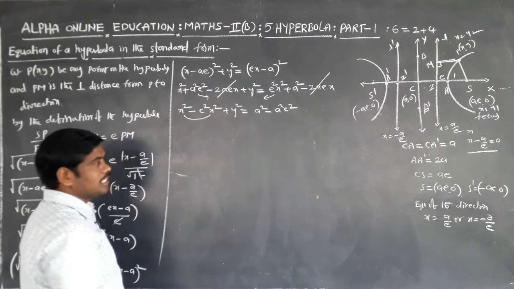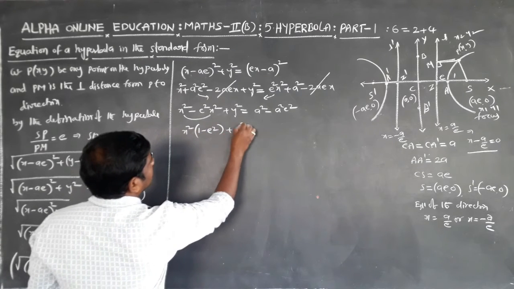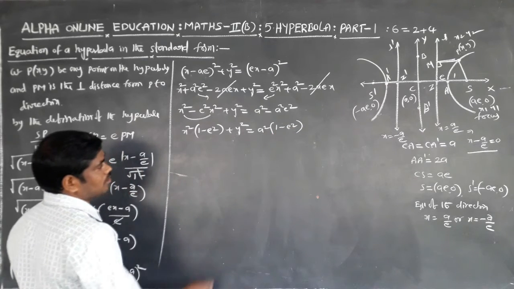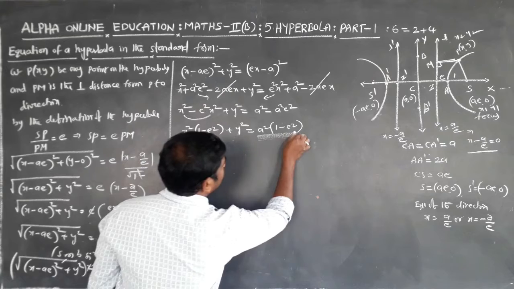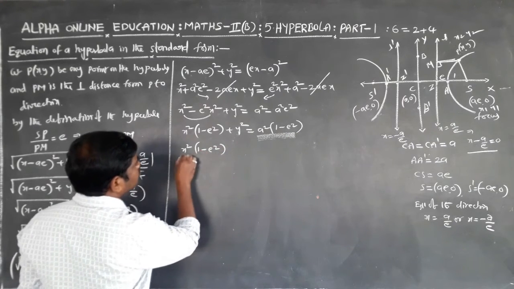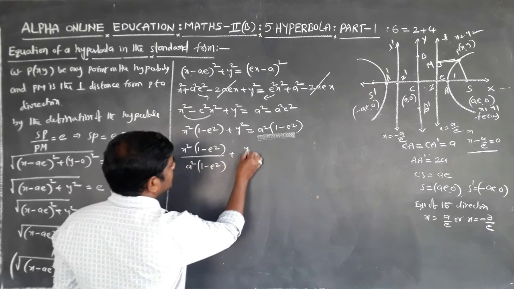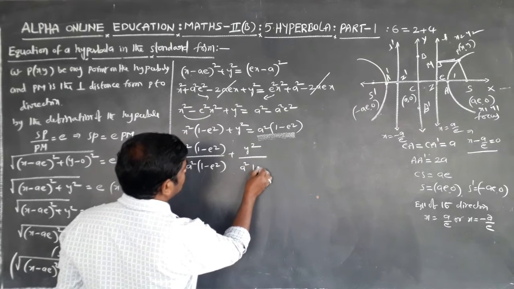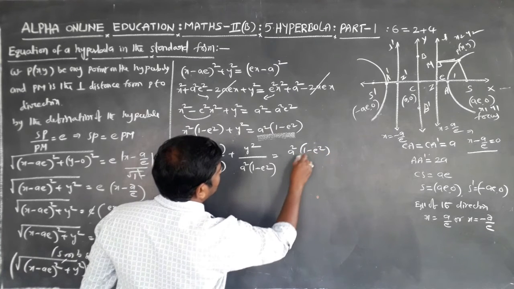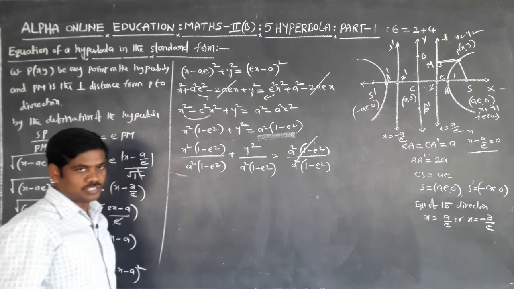Taking common from two terms: x square into (1 minus e square) plus y square equals a square into (1 minus e square). Dividing both sides by a square into (1 minus e square): x square into (1 minus e square) by a square into (1 minus e square), plus y square by a square into (1 minus e square), equals a square into (1 minus e square) by a square into (1 minus e square).